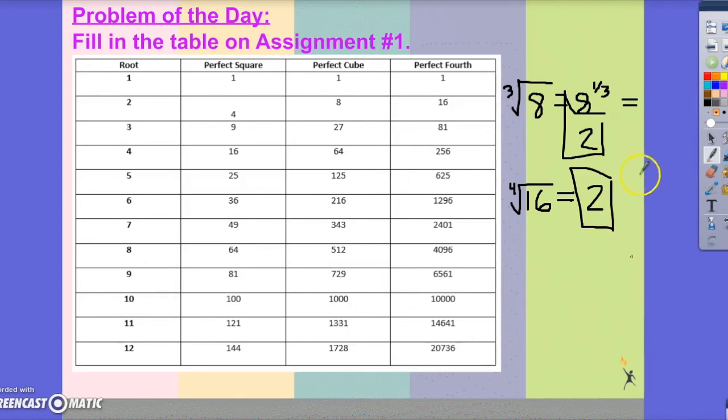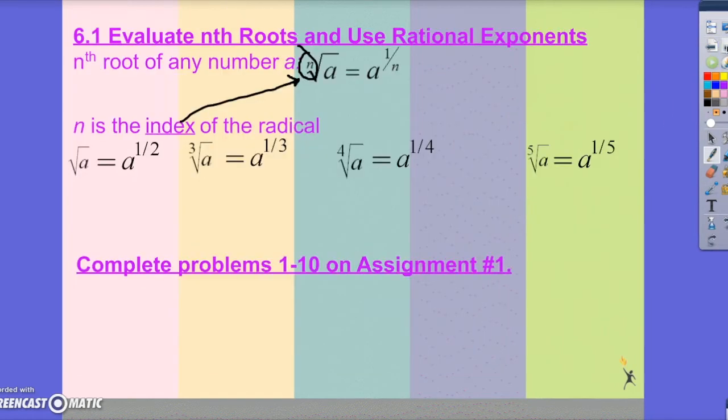All right, so that's what the chart is used for, to help you in a couple assignments, setting everything up. So what I want you to do, with that being said, complete problems 1 to 10 on assignment 1. I'm not going to go over them right now. In class tomorrow, we will actually go over everything, make sure everything's all right. It's just a little warm up to what you're going to be working on.